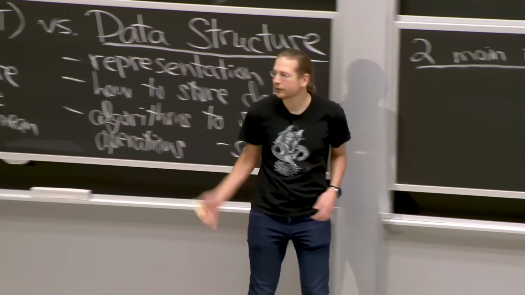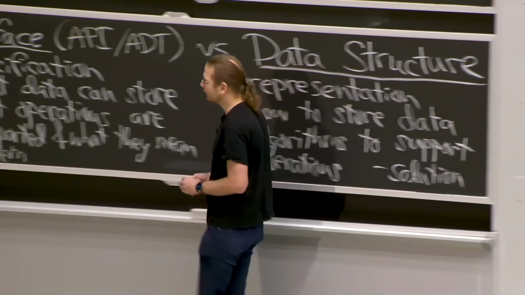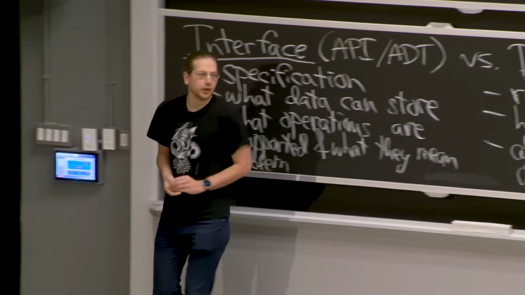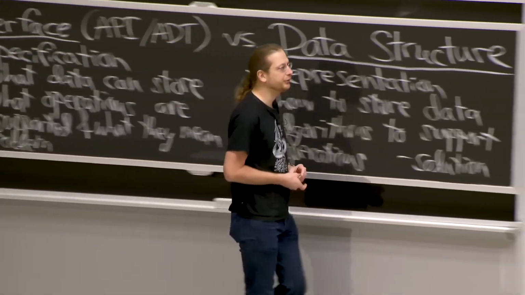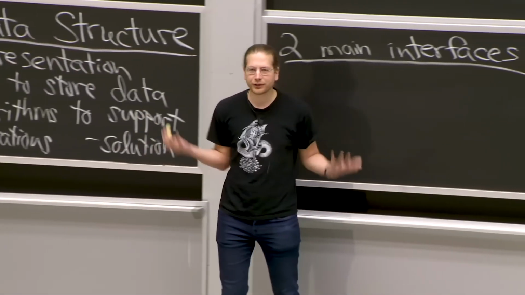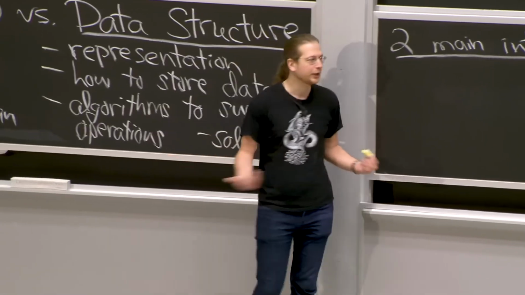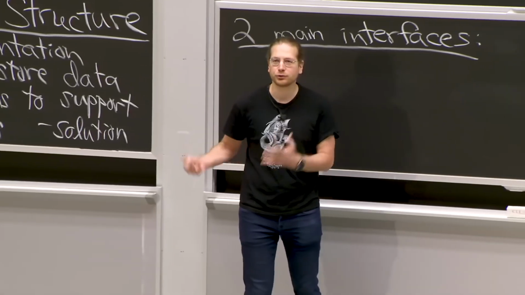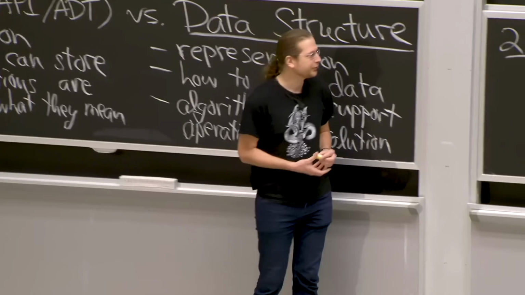And this is the analogous notion for data structures, where we want to maintain some data according to various operations. So the same problem can be solved by many different data structures, and we're going to see that. And different data structures are going to have different advantages. They might support some operations faster than others, and depending on what you actually use those data structures for, you choose the right data structure. But you can maintain the same interface.